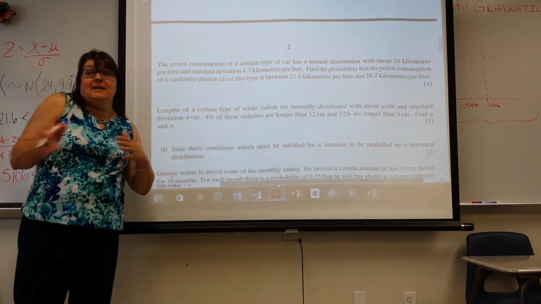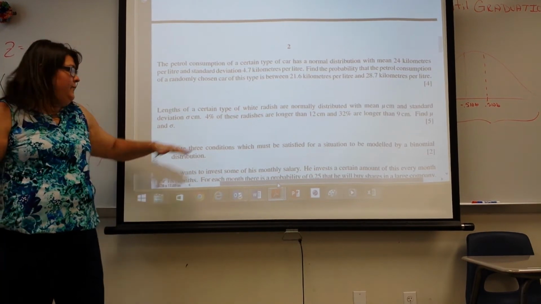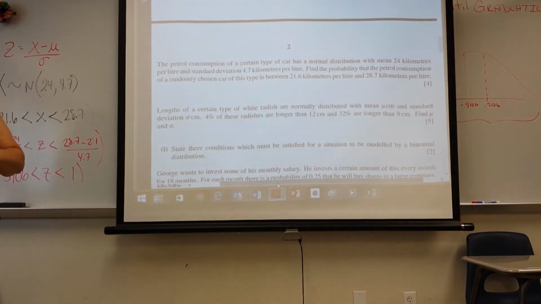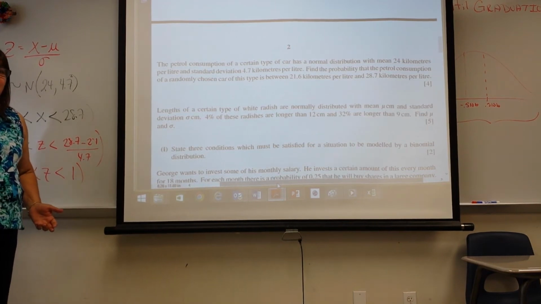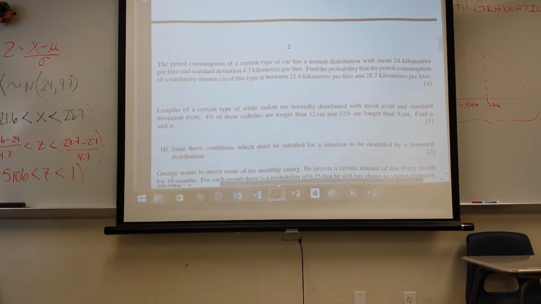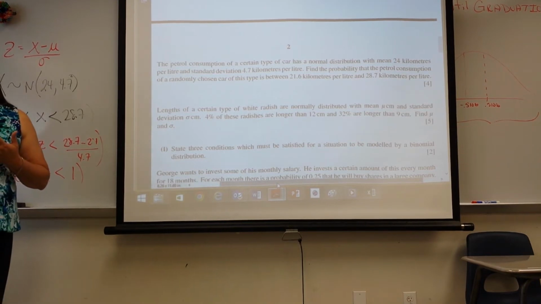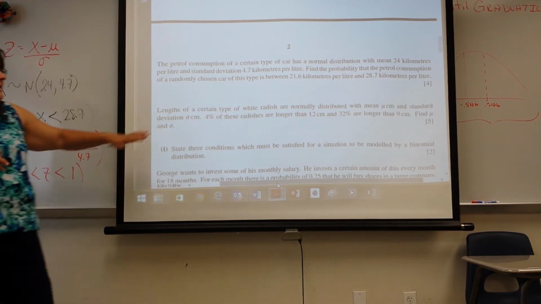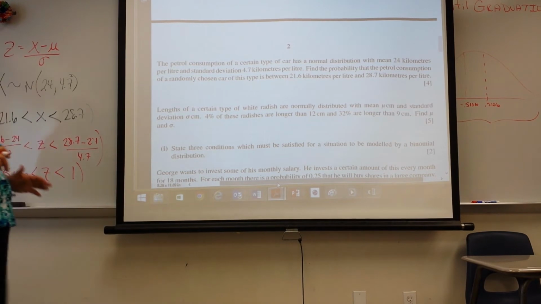So they're not telling me the mean and the standard deviation. 4% of these radishes are longer than 12 centimeters. 32% are longer than 9 centimeters. Find mu and sigma. This is a case where we are going to end up with two equations with two unknowns. You're going to be looking for mu and sigma. They're giving you the percentages, and you end up finding the z-scores from them. Okay, does that make sense? So go ahead and write down what you have to write down, and I'm going to bring up the answer, the work scheme, and we'll go through it.